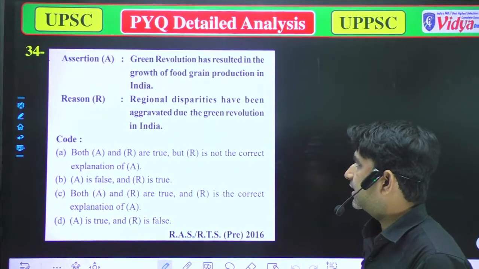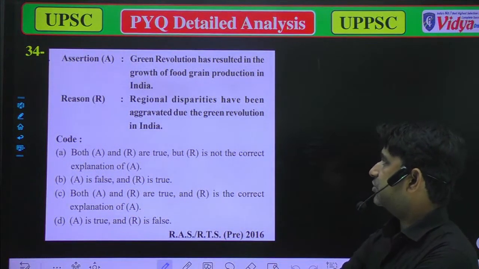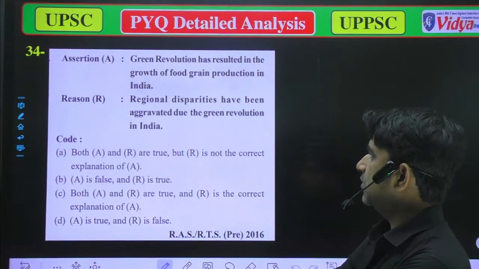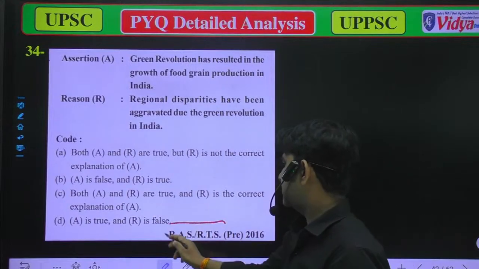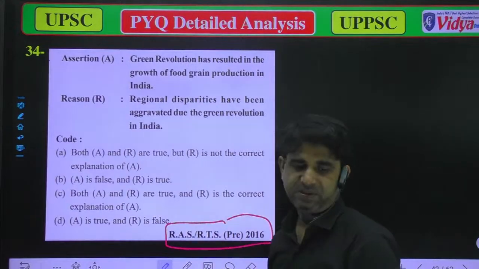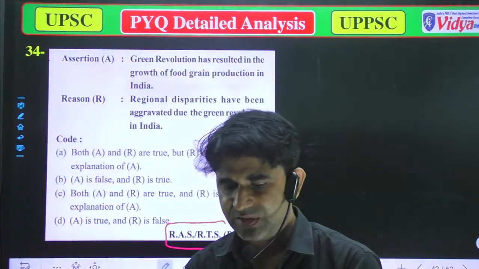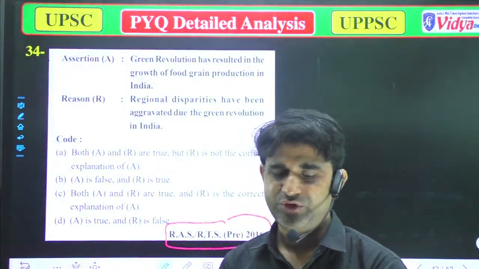Reason: regional disparities have been aggravated due to the green revolution in India. So we have two statements, and this question was asked in Rajasthan PCS in 2016. Now you can correlate them and tell which of the following is correct.